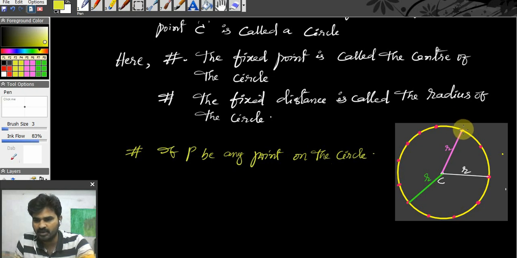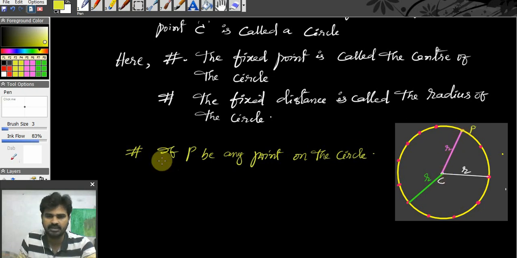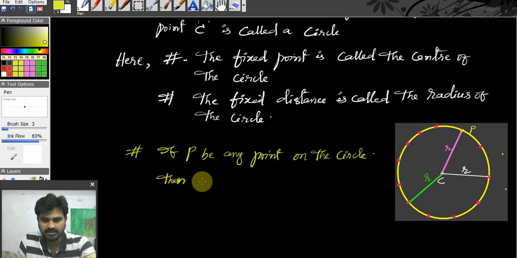Suppose this is a point P on the circle. What condition does this point satisfy? This point lies at a distance r from the point C. If P is a point on the circle, the distance from the center to this point is equal to the radius r. So this is the note point.